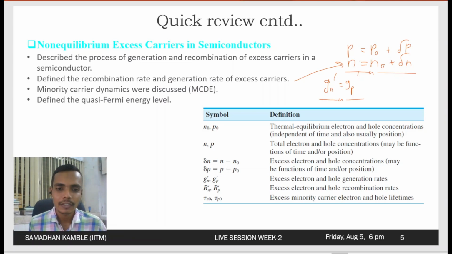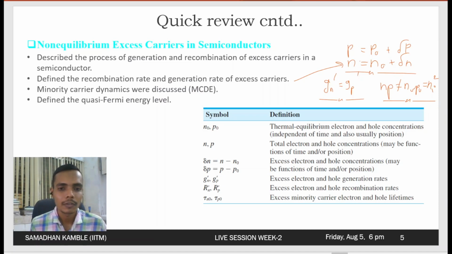So the external force has perturbed the equilibrium condition so that the semiconductor is no longer in thermal equilibrium, and from these two equations, in the non-equilibrium condition, we can write one important relation, that is n times p is not equal to Ni squared, which is equal to n naught p naught. So this is also an important relation for a non-equilibrium condition.